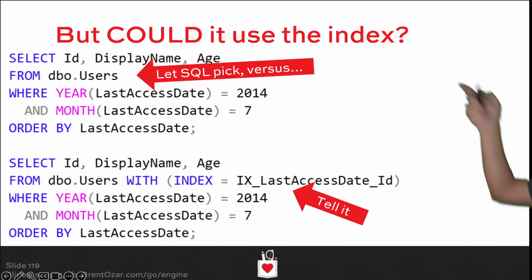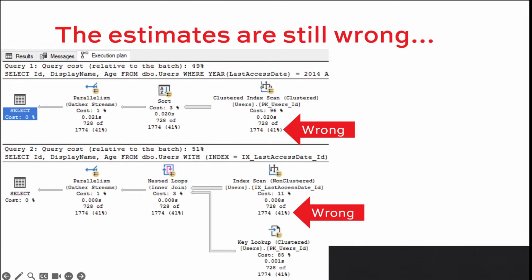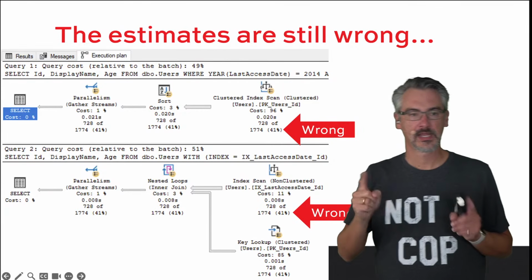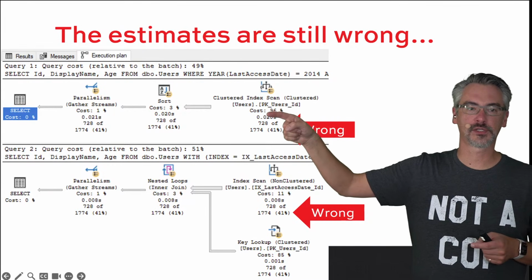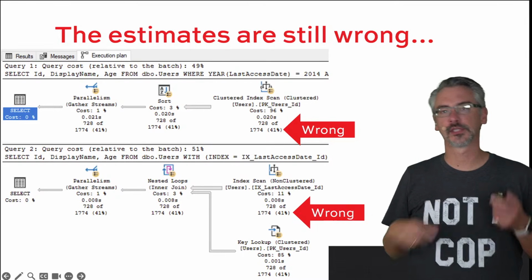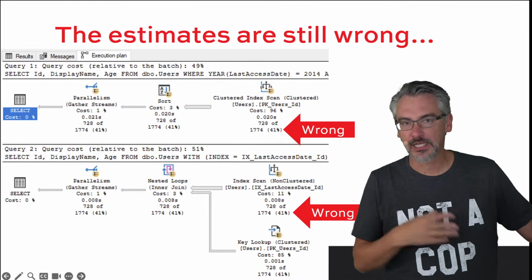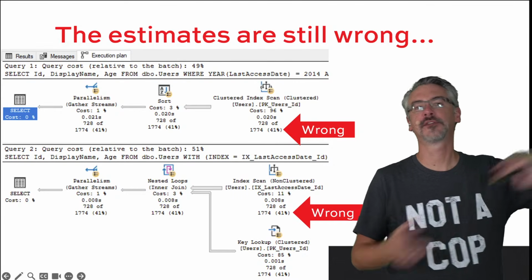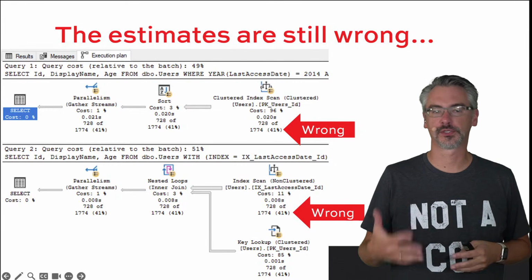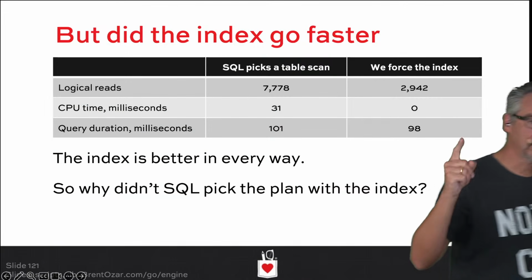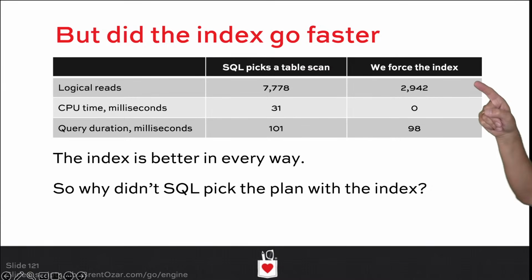If I compare those two execution plans, the estimates are still wrong. In this case, SQL Server still estimates on both plans 1,774 rows. That's because the index hint doesn't affect the number of rows that are estimated to come back from the index.